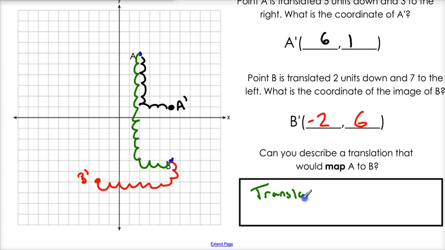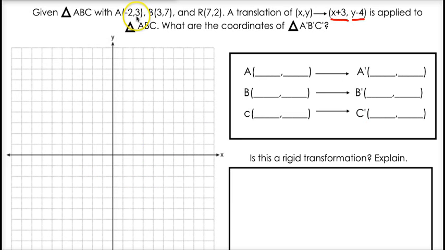You have to specify what kind of transformation you're doing. Translate A down 10 and to the right 3.